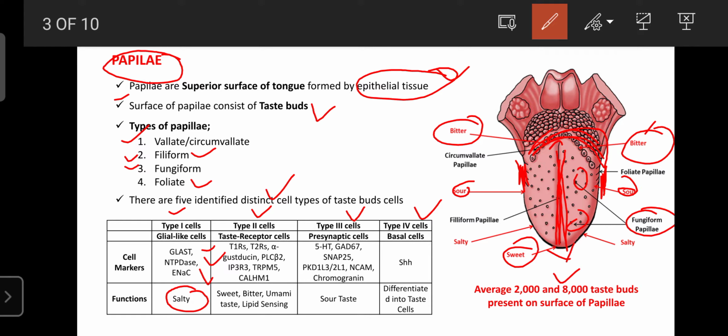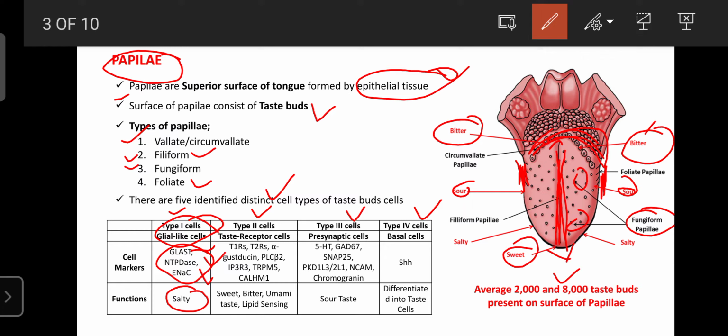The major function is that when salt enters the oral cavity, certain potential changes occur in these cells. Then these cells generate an action potential, and those impulses reach the CNS.